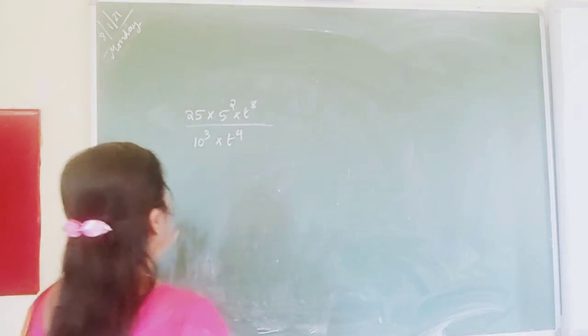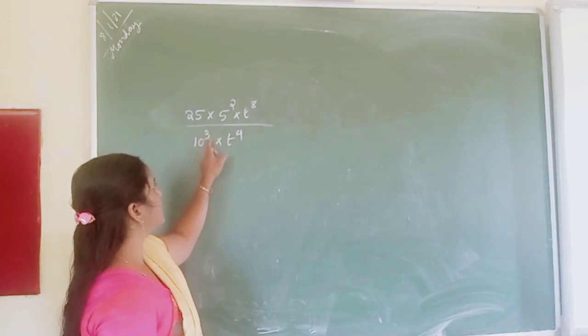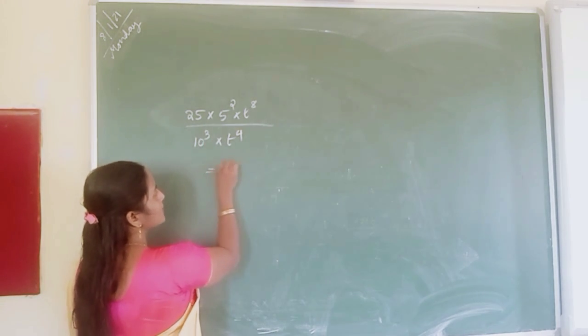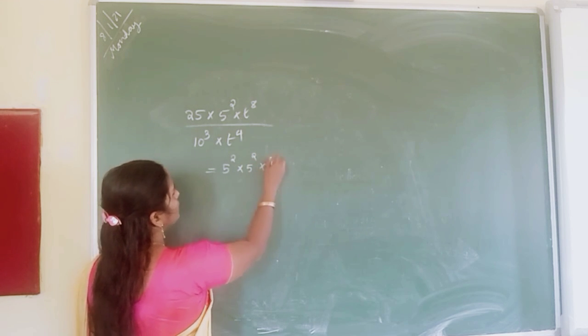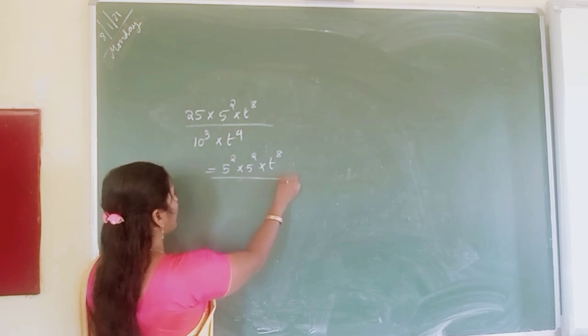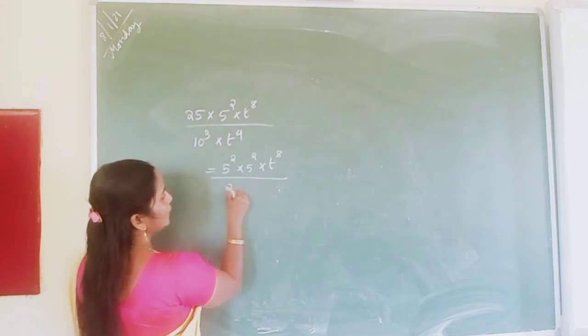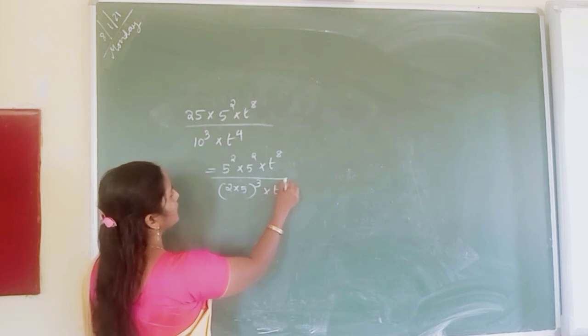Another question. 25 into 5 square into t raised to 8 by 10 cube into t raised to 4. So 25 can be written as 5 raised to 2 into 5 raised to 2 into t raised to 8 by this, 10 cube can be written as 2 into 5 the whole raised to 3 into t raised to 4.